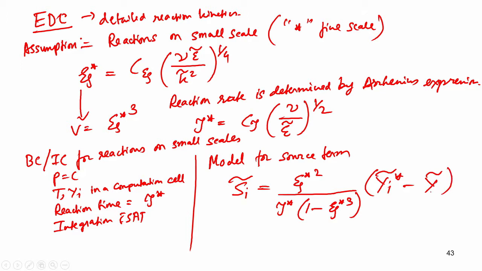So it is a mass fraction. This yi star is essentially the mass fraction on small scales of species i after the reaction time tau star, okay.